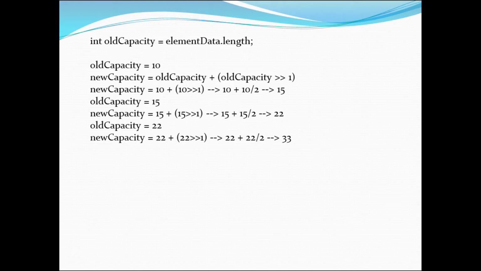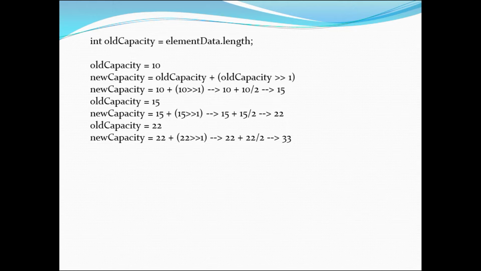If you start inserting elements into the array list, prior to the first insertion, it will create an array of size 10 and start inserting elements into the array. If the size reaches its capacity, then it will create one more array of capacity 15 using the formula as shown in the PPT.